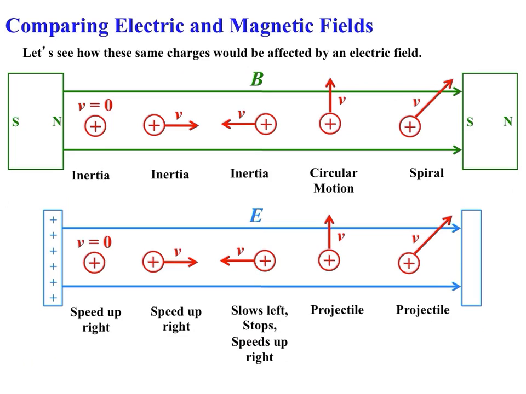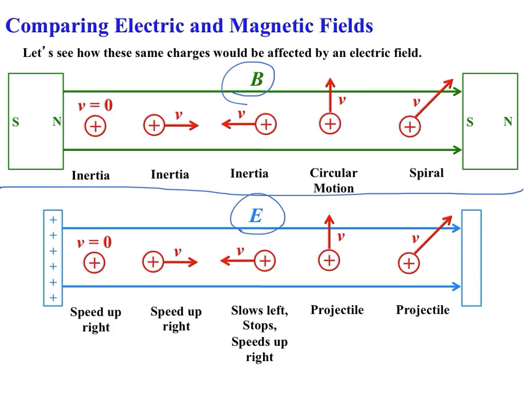Now again, these pictures look very similar to what we saw in electricity or electrostatics. So here, I want you to take some time to notice the differences between these two. On the top, we have our magnetic field, and at the bottom, we have an electric field. So even though we have a velocity of 0, we had 0 force.